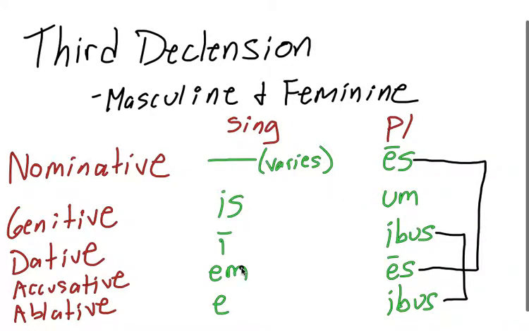The accusative singular has an m, just like in first declension and second declension. So there are some commonalities, although third declension does look a lot different from first and second declension. So in the singular, the nominative will vary. Genitive is is, dative is i, accusative is em, and ablative is e. And then in the plural, we have es, um, ibus, es, ibus.